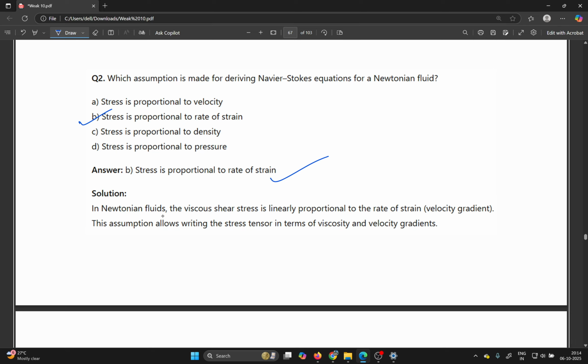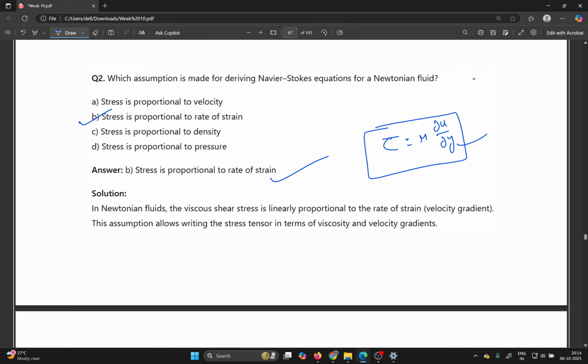So in a Newtonian fluid, the viscous shear stress is linearly proportional to... this is the equation for a Newtonian fluid, the shear stress equation. But here, what is u? What is v? The y? Just think on that.